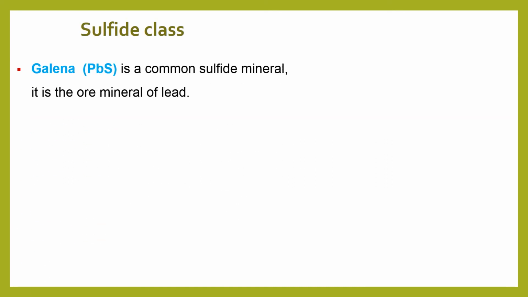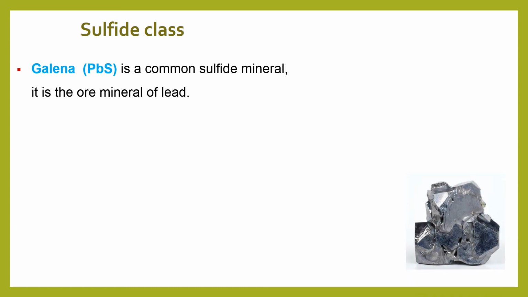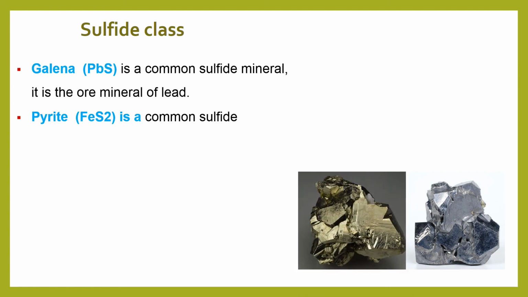You will see examples of sulfides such as galena, which is a lead sulfide, a very common sulfide mineral. You'll see the photo of galena on the right side here. It crystallizes in the cubic system. And pyrite, same thing, but iron sulfide here, and this is a picture of it.